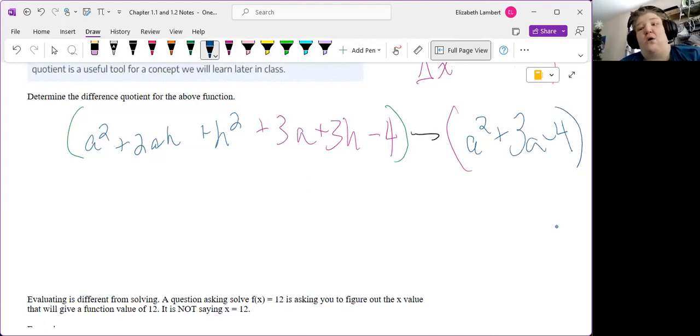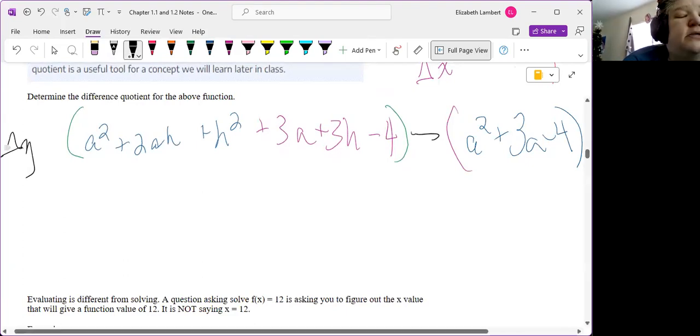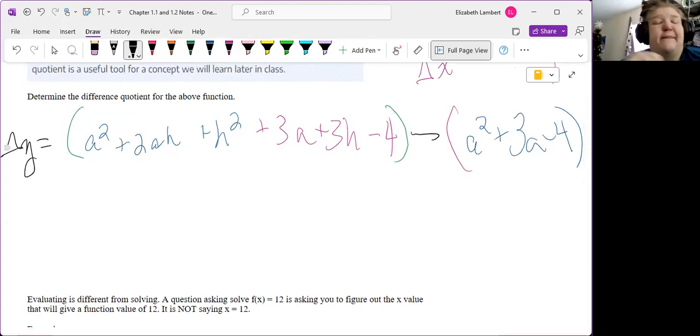Now I can write all over h. That gets very tedious since we've got to clean up the top first. So I'm just going to out front here label this as delta y. Or you could write f of a plus h minus f of a. All right. So the first thing that we need to contend with is that minus sign.